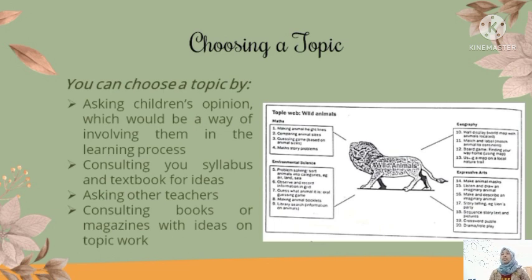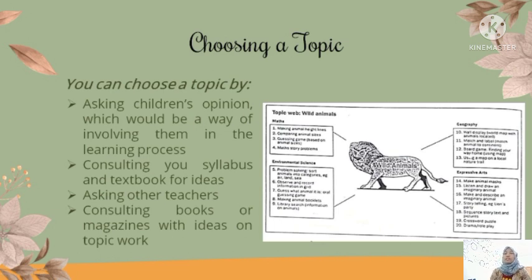Then you can see here is a topic web on wild animals, divided into four areas. Maths, such as making animal heads line and comparing animal sizes. Environmental science, such as problem solving, sorting animals into categories like air, land, sea, then observing and recording information in a grid.